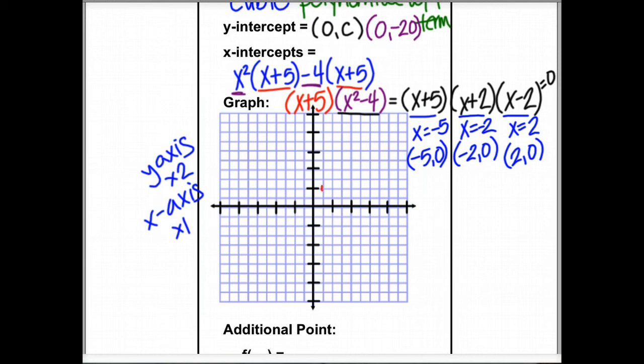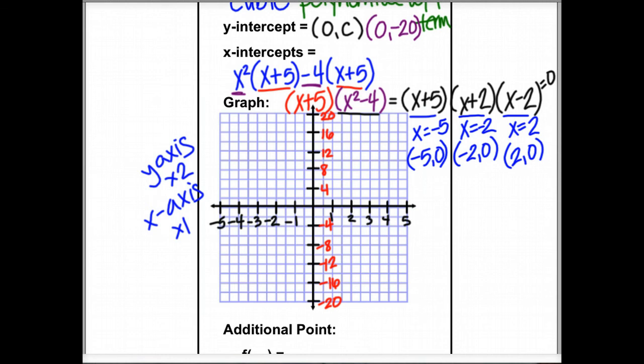So I have here 2, 4, 6, 8, 10, 12, 14, 16, 18, 20, negative 2, negative 4, negative 6, negative 8, negative 10, negative 12, negative 14, negative 16, negative 18, negative 20. And then on the x-axis, I've got 1, 2, 3, 4, 5, negative 1, negative 2, negative 3, negative 4, negative 5.